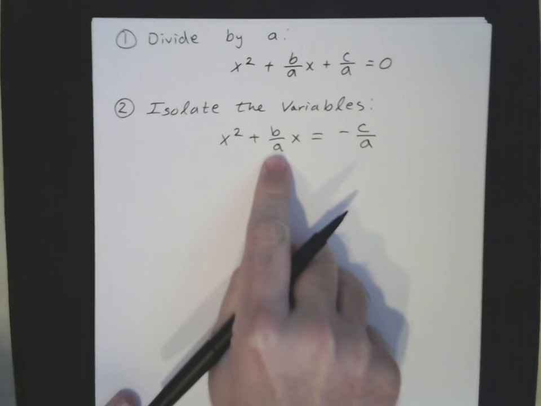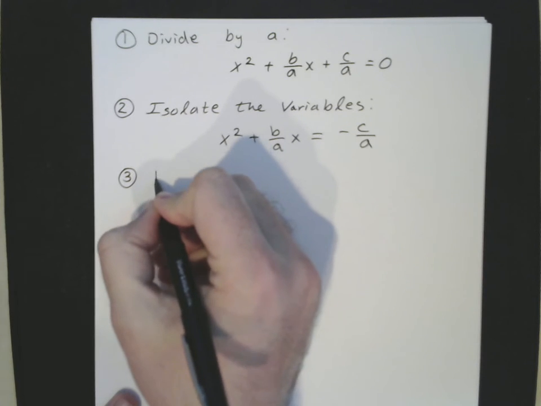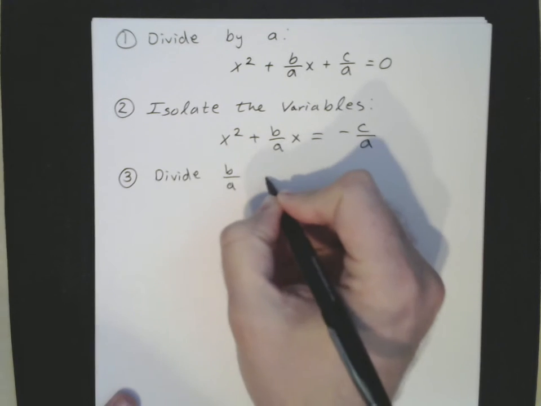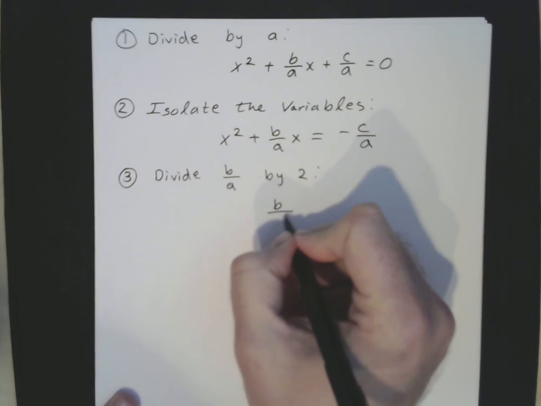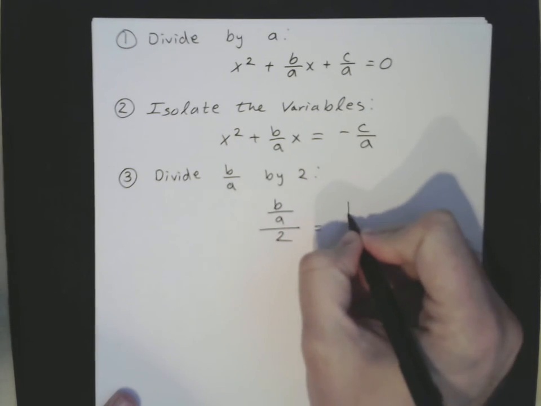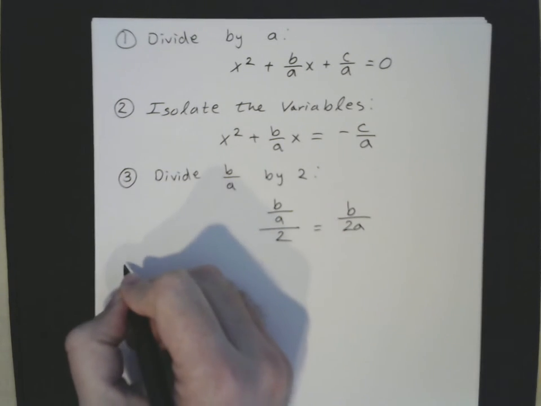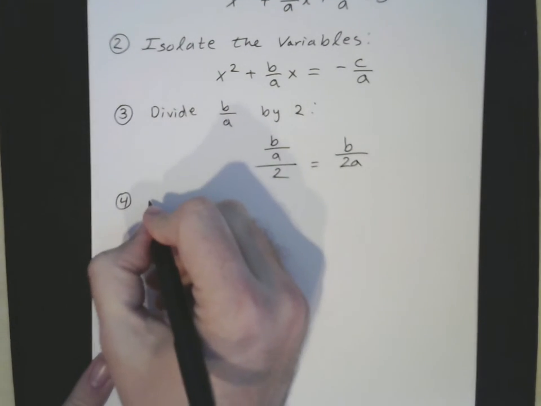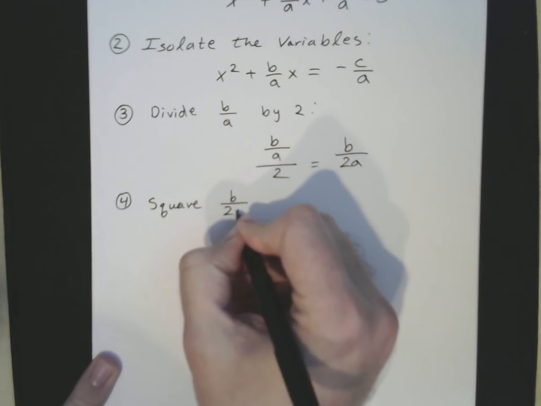So now we're going to focus on this coefficient here in the next couple steps. So number 3 is to divide b over a by 2. So that's b over a divided by 2. It's always going to be b over 2a. Fourth step is to square that term, b over 2a.